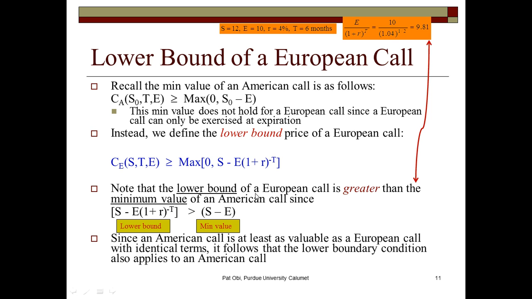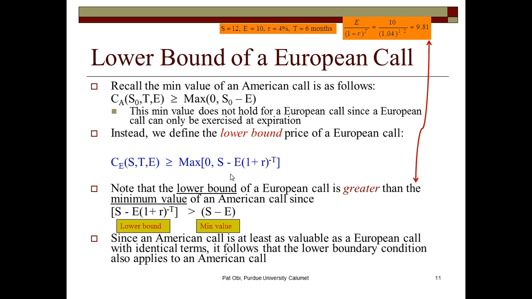So you ask yourself, how can it be that the lower boundary value for a European option is larger than the minimum value of an American option? Think about this for a second. In case you have forgotten, an American option is one that gives you all the benefits of a European option, in the sense that if you buy it, you can choose to hold it until expiration. But if you want to, you can also exercise it at any time prior to expiration.